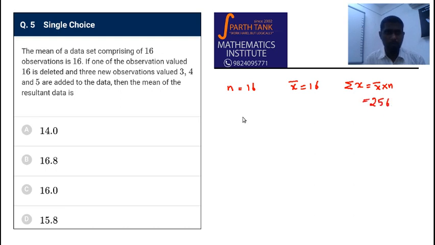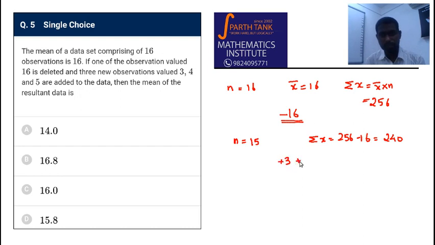If one of the observation valued 16 is deleted, now we are deleting one number, minus 16. So therefore n would become 15 and summation of x would become 256 minus 16, which is 240. And 3 new observations valued 3, 4 and 5 are added to the data.